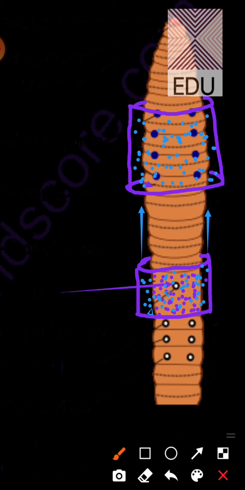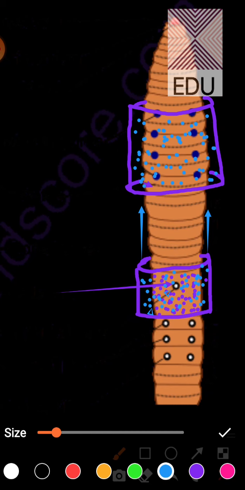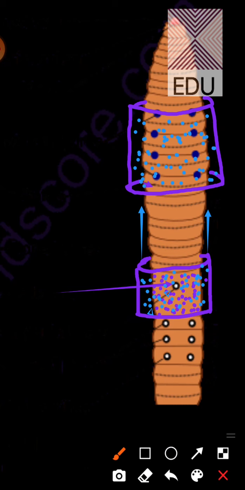Now what is being poured from the spermathecae into this egg case? These are the sperms. These red color dots are the sperms of the other earthworm which were stored in these spermathecae during copulation.